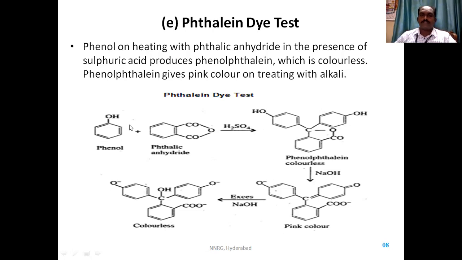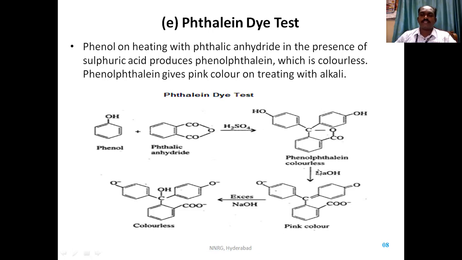Here what happens? We know that the hydroxy group is a donating group. It increases the electron cloud on the para position. The para position will try to attack the electropositive center on the phthalic anhydride. What is the electropositive center? This carbonyl group. So the phenol attacks this carbonyl center and it forms a five-membered ring containing molecule, that is phenolphthalein.